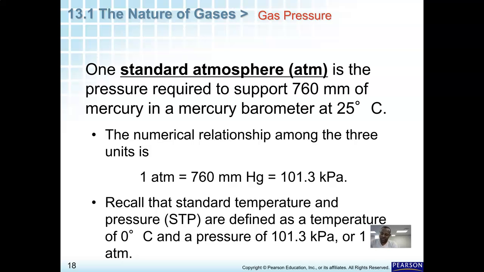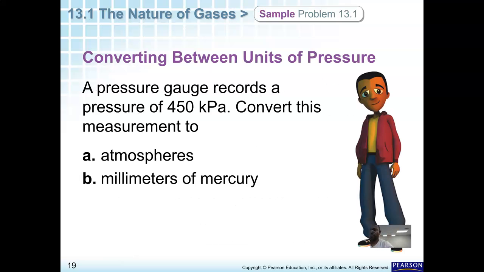That is when the temperature is 0 and the pressure is 101.3 kilopascal, or 1 atmosphere, or 760 millimeters. But in the case of a standard atmosphere, when we say 1 ATM supports 760 millimeters of mercury, it is not at 0 degrees Celsius, it is at 25 degrees Celsius. Keep that in your mind.